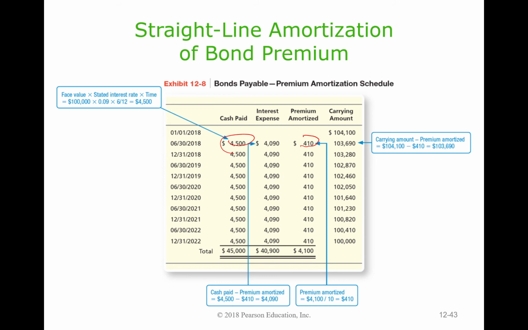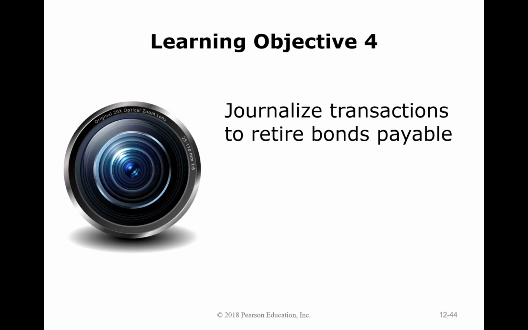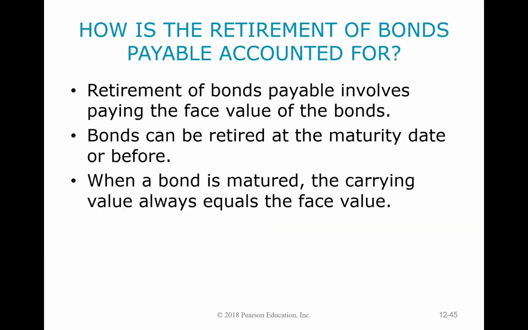However, the premium is deducted from the cash paid to get our interest expense. And the carrying amount, as we get closer to the maturity date, decreases in this case.